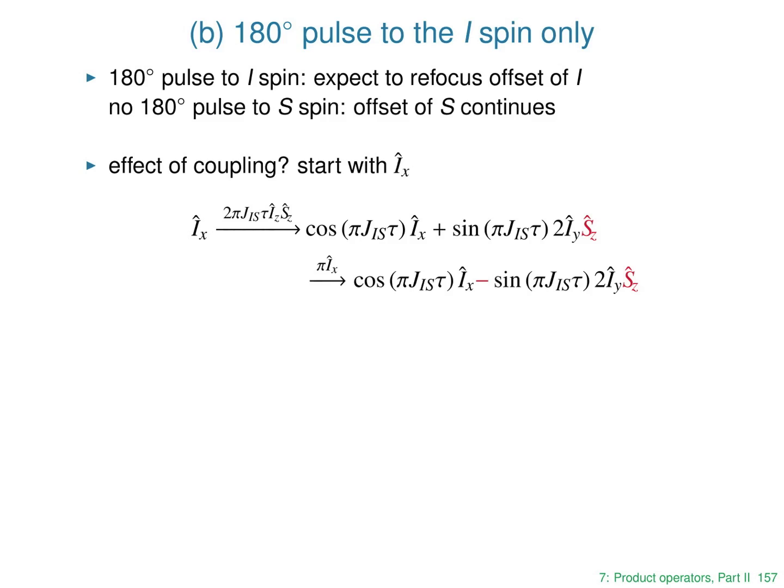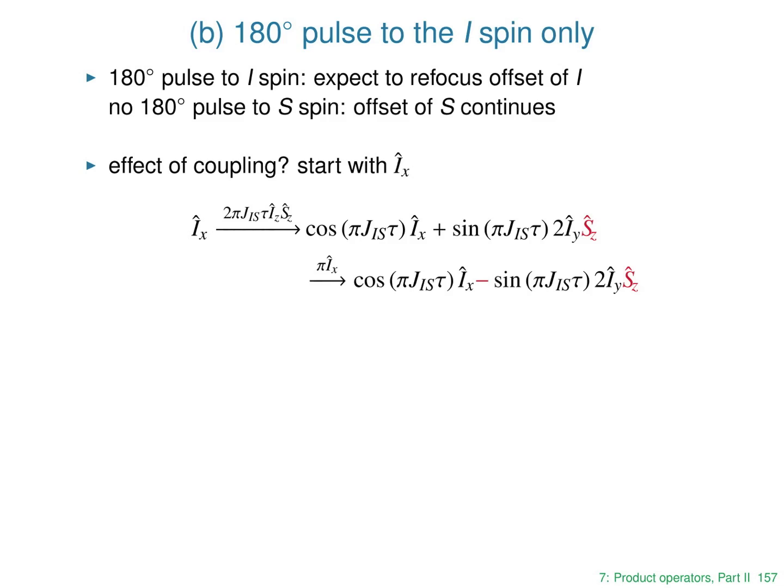And then I apply my pi pulse, but remember this time the pi pulse is only applied to one of the spins, in this case the I spin. So that term IX is not affected, because if you pulse X along X, nothing happens. The term SZ is not affected, because that term is not affected by a pulse to the I spin.